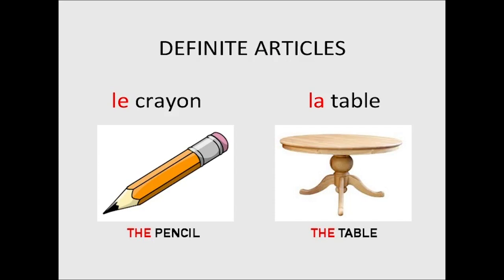Crayon is a masculine word, so we place le before it. Le crayon. Le crayon means the pencil. Table is a feminine word, so we place la before it. La table. La table means the table.